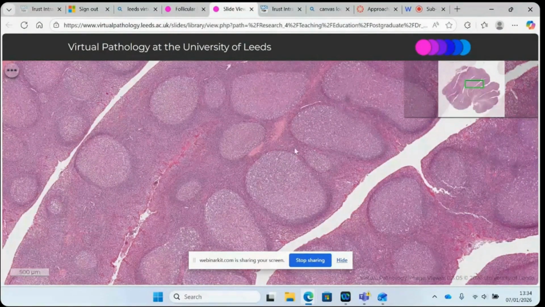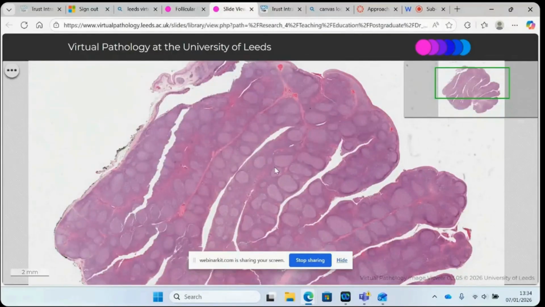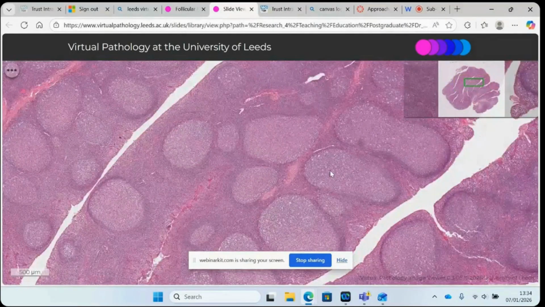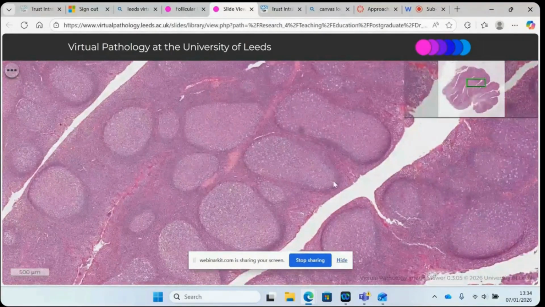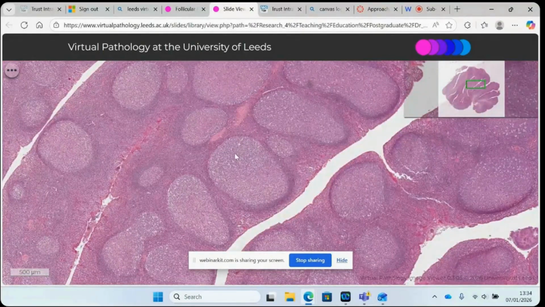Okay. So here we have a good example of a reactive lymph node, and what we're looking for here is follicles at low power, and then as you go in, they look like follicles as you get closer to them, not just nodules. You can see the features that I said need to be present in reactive follicles, and these should be present in at least some, if not most or all.